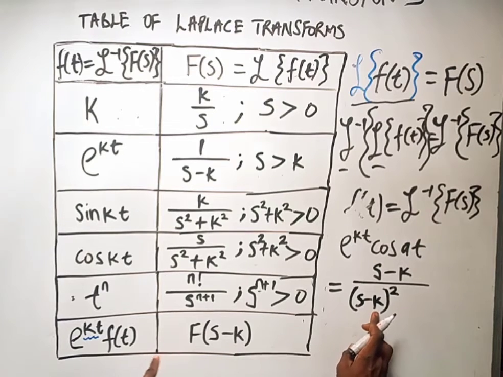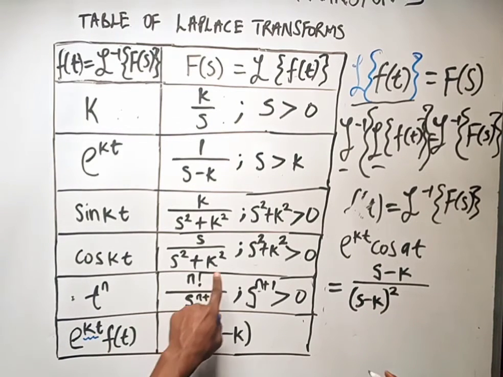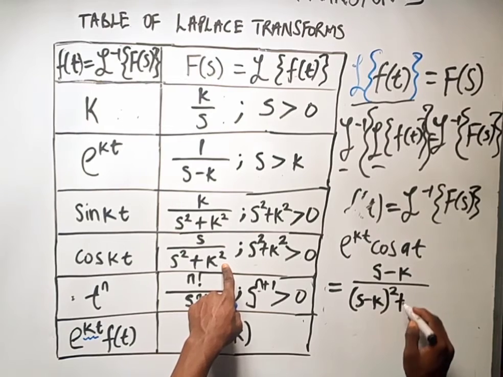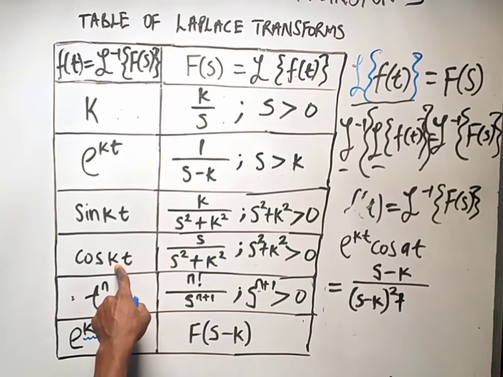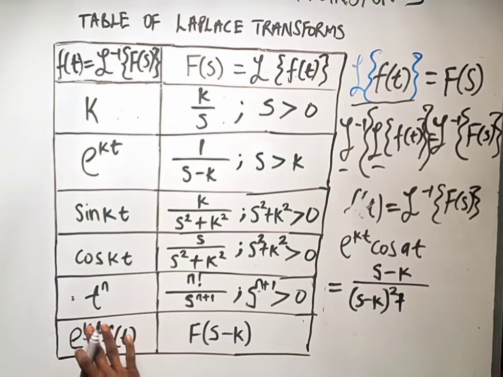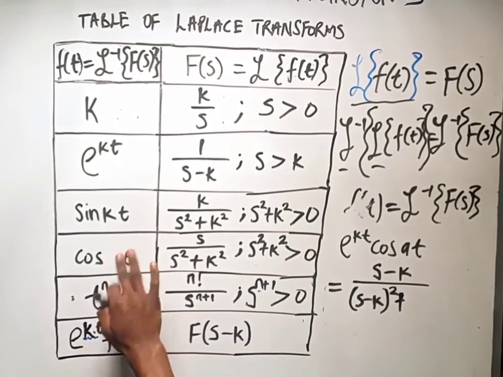Remember again that this k here comes from the exponent. Then the next thing we consider is plus a squared, where this other constant comes from the coefficient of t.